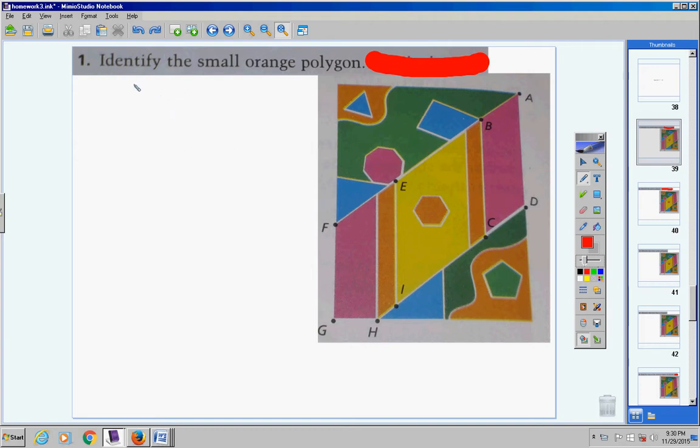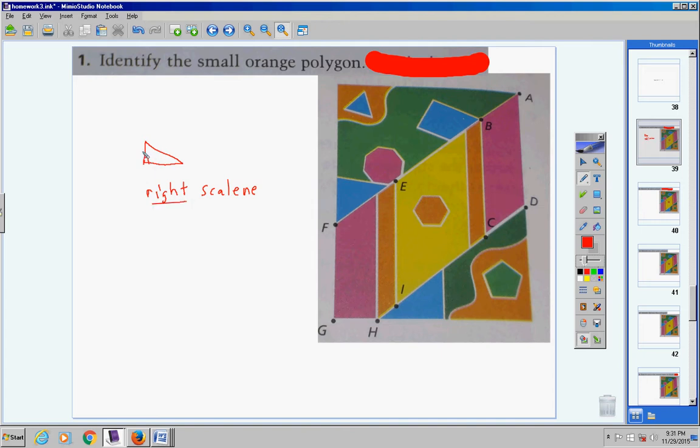Number 1. Now when they ask us to identify polygons, we're going to do it by angles and sides, if at all possible, okay? Here we go. For example, if I give you a right triangle like this, and it's obvious that all three sides are different, we would call that a right scalene triangle, because based on the angles, it's a right triangle.